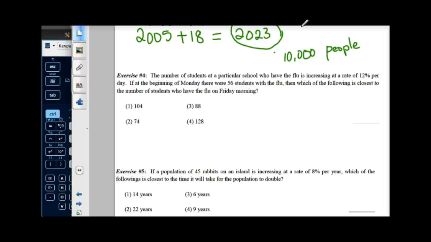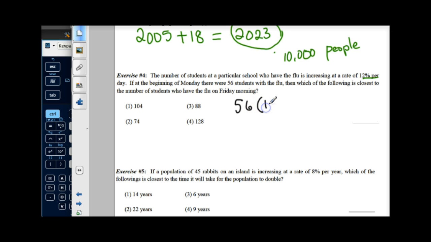The number of students at a particular school who have the flu is increasing at 12% per year. At the beginning of Monday, there were 56 students with flu. Which of the following is closest to the number of students on Friday? So it's starting at 56, and then what am I doing?